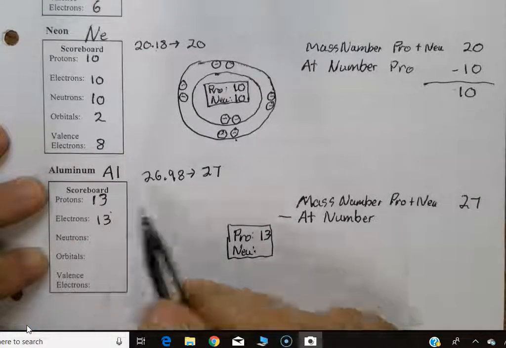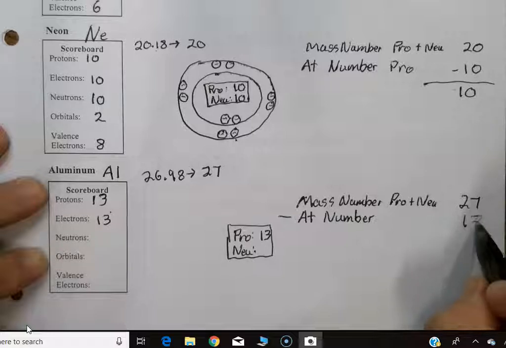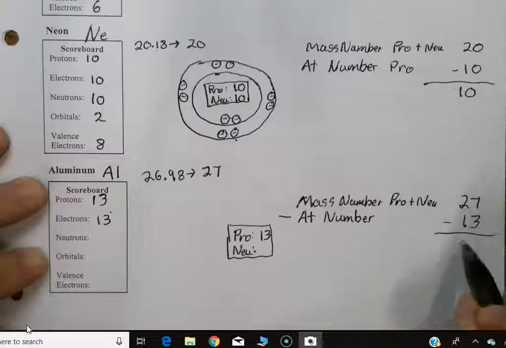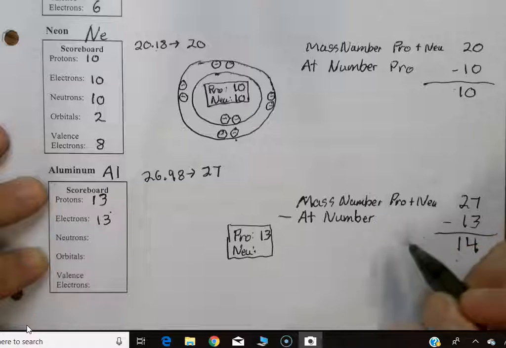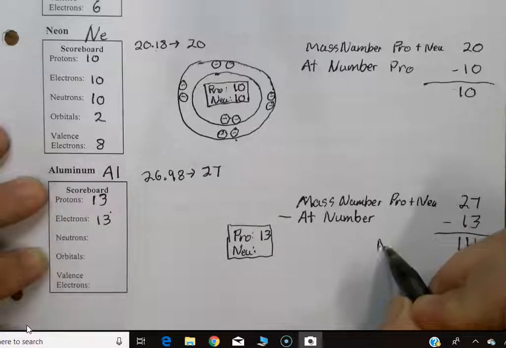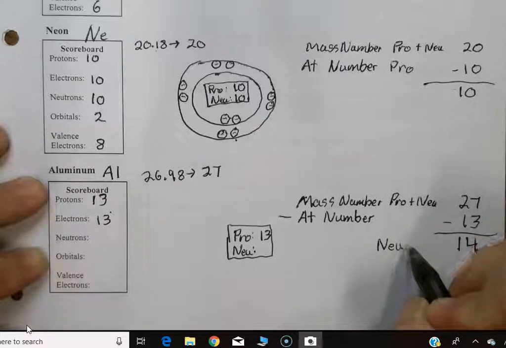We see it's 13. And that gives us 14 neutrons. You see, this is the first element we've dealt with that has a different number of protons and neutrons. They aren't always the same, but for the smaller elements in particular, they're usually pretty close.